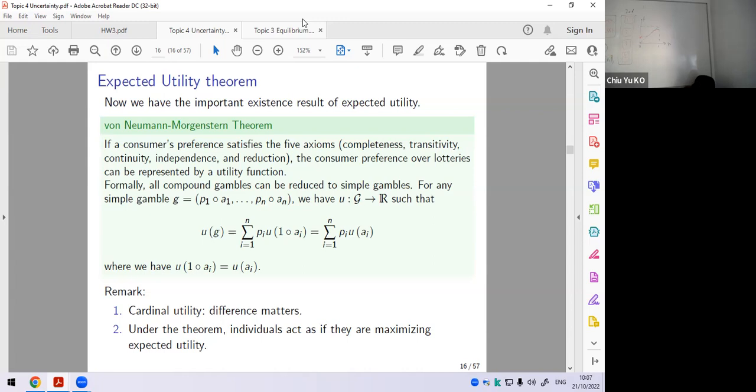But one way to generalize it is to this one, where they would do some probability weighting. It's not perceived as it is. There's some adjustment. When the probability is low, they think it's higher. When the probability is high, they think it's less high. There are many ways to do it, as I said.